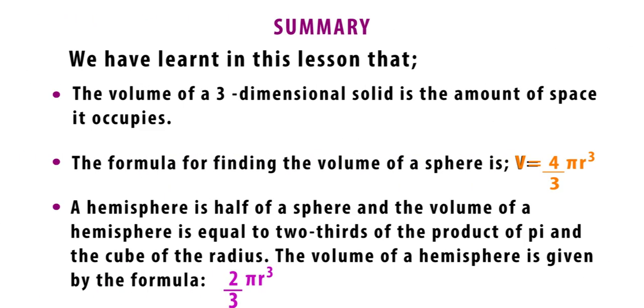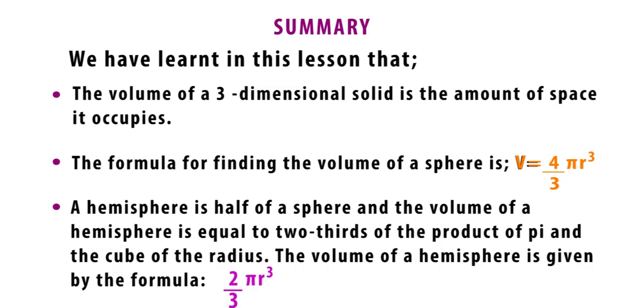Today we have learnt that 1. The volume of a three-dimensional solid is the amount of space it occupies. 2. The formula for finding the volume of a sphere is 4 over 3 pi r cubed, where r is the radius of the sphere.